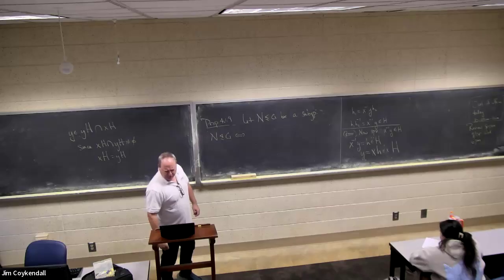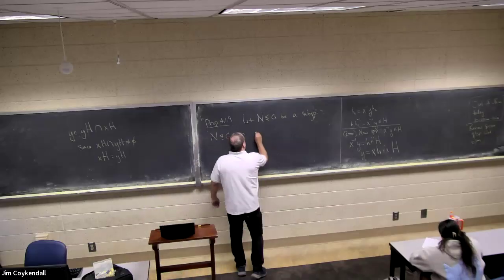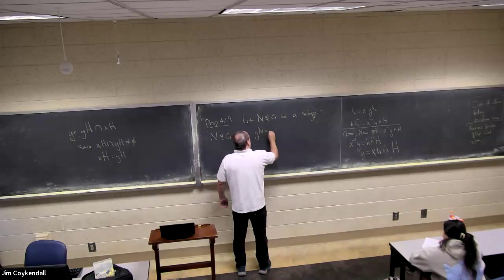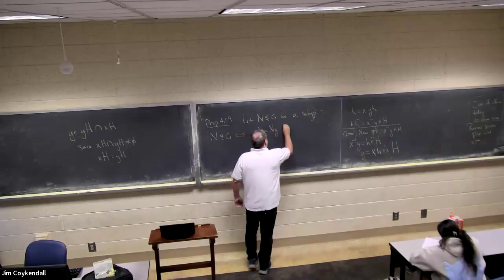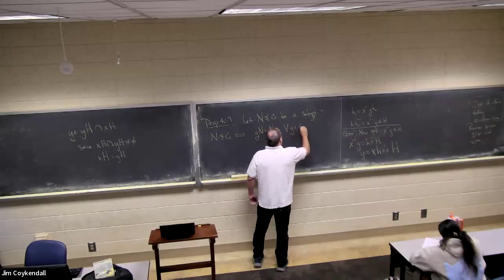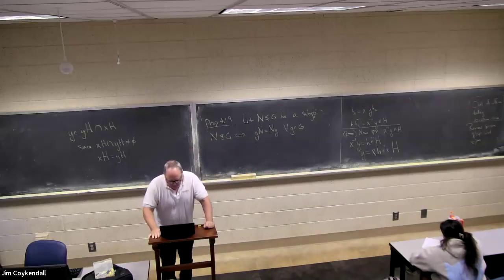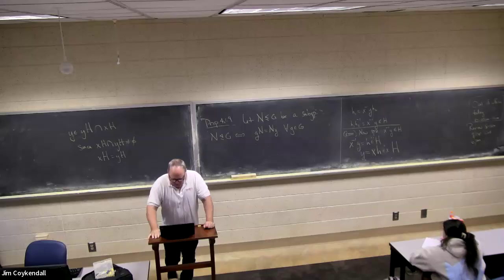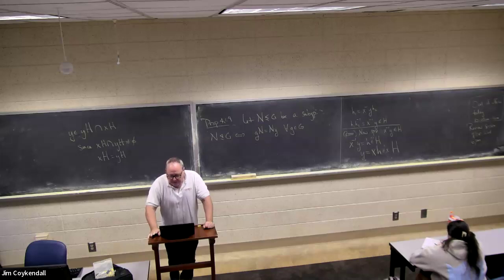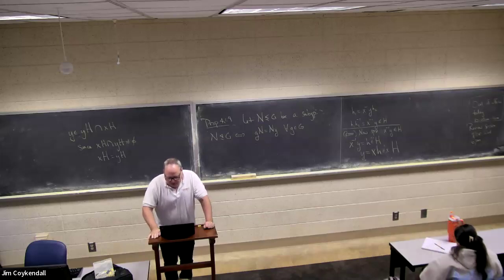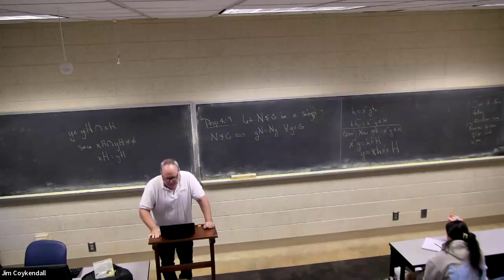Let me write that more precisely. N is normal in G if and only if the left coset gN is the same thing as the right coset Ng for all g in G.